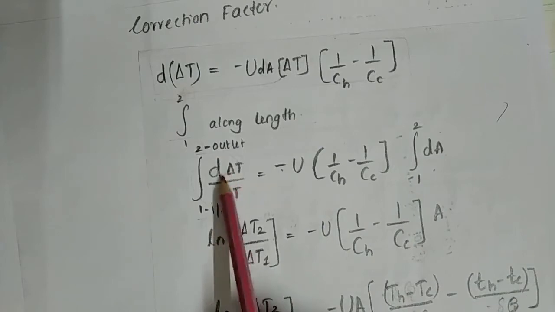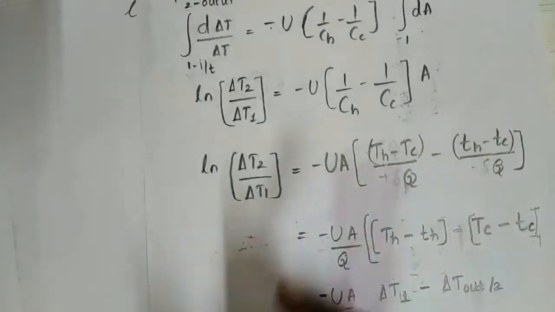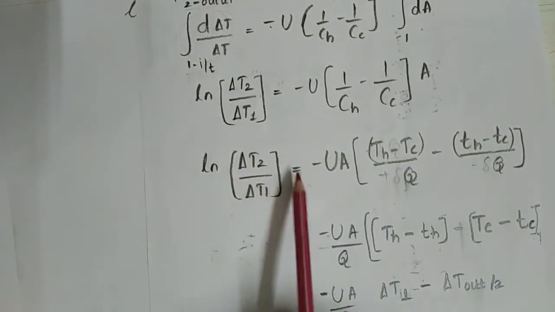Here the integral of dT by T is ln delta T2 by delta T1, which is equal to minus U into 1 by Ch minus 1 by Cc into A. As we know, ln delta T2 by delta T1 is equal to minus UA.